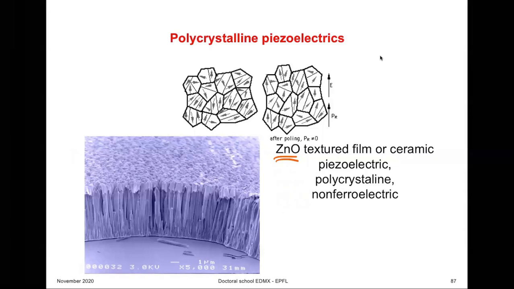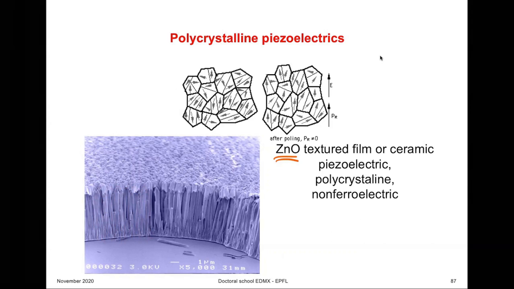You cannot reorient polarization by applying an electric field, but you can grow thin films in such a way that most of the grains have this columnar shape, and the majority of them, let's say more than 90% of them, will be oriented with polarization up or down. That depends on the state of the substrate.